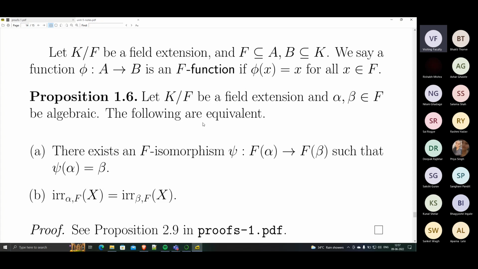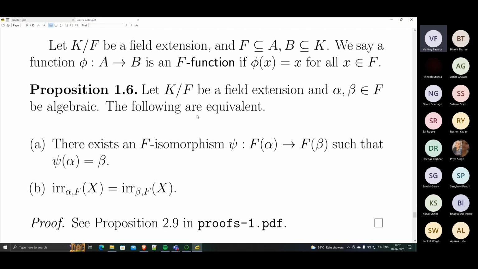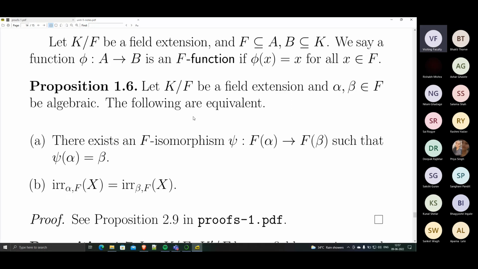So this just makes it easier to describe something. Now if K over F is a field extension and alpha and beta are two algebraic elements, it should be alpha, beta in K. So that is a printing mistake. So if alpha and beta in K are algebraic elements over F, then the two things are equivalent. If two elements are algebraic over F, one can always ask when is the minimal polynomial the same. Is the minimal polynomial of alpha equal to the minimal polynomial of beta?